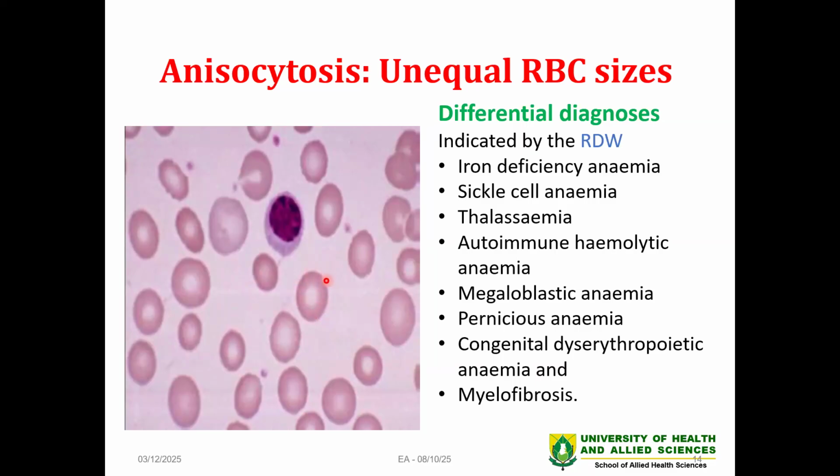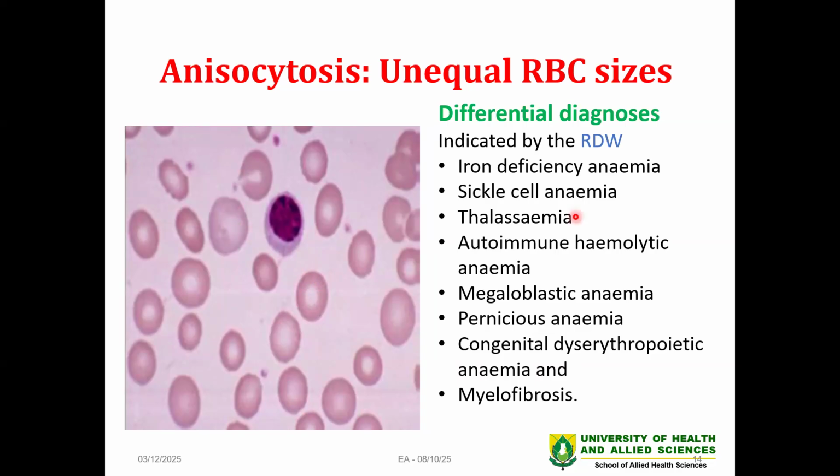The reason why I'm showing it here is just to show us the difference in sizes. And then this red cell here looks quite larger than the size of the nucleus of this cell here, and so we may refer to that cell as a macrocyte. So you are having about 3 populations of cells in terms of the sizes.